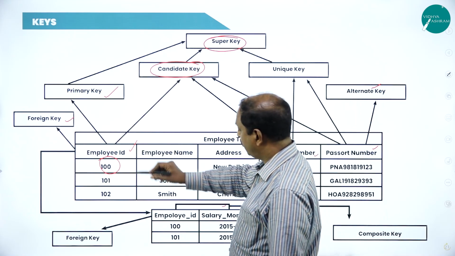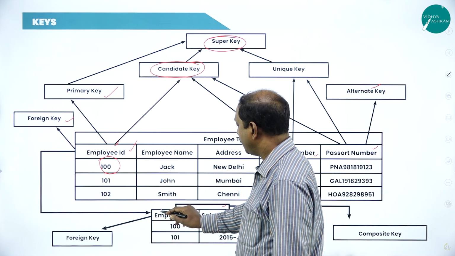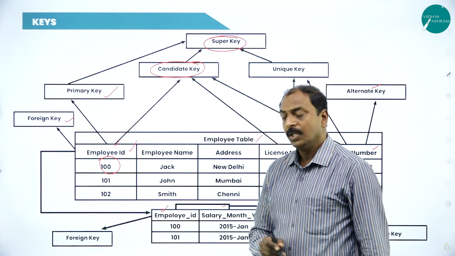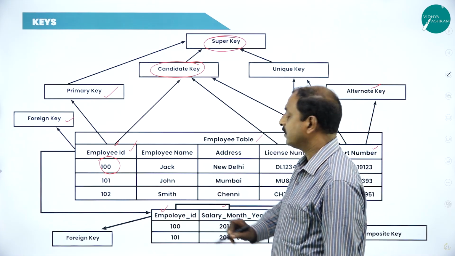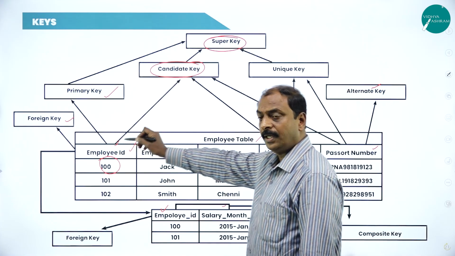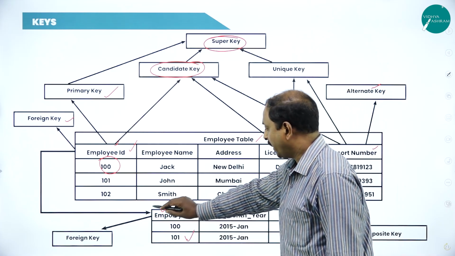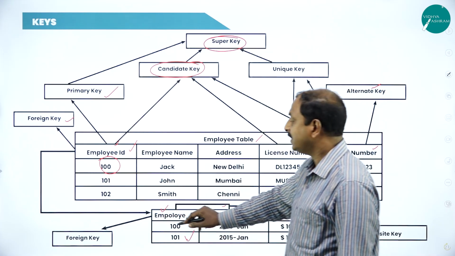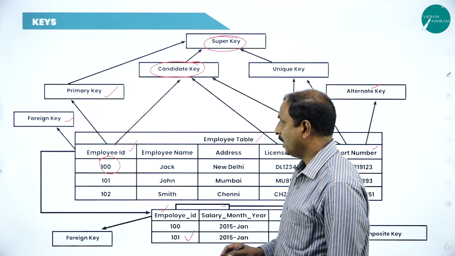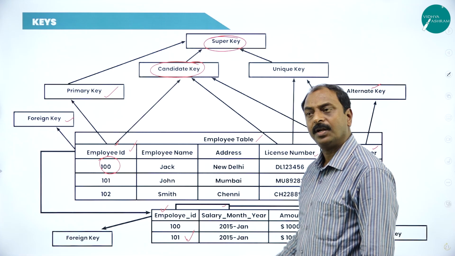This employee ID and the employee ID of this table are the same. So this is called a foreign key, meaning the primary key of one table is present in another table. So this employee ID in the second table is referred to as a foreign key.